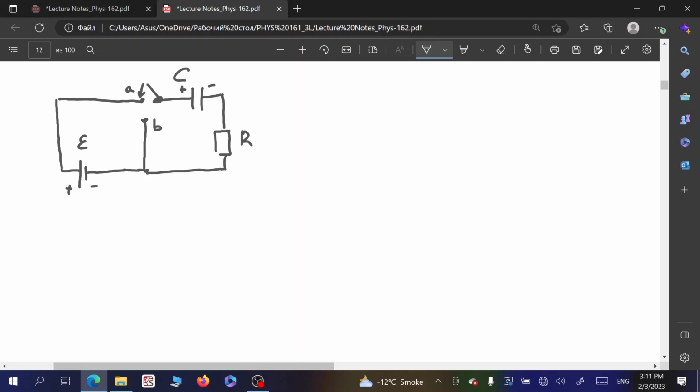The magnitude of the resistance. Now the question is, let's say we have a fixed capacitor with a given potential difference between plates and we change the magnitude of the load resistor. We go from a small load resistor to a large load resistor. Will it change the time it takes for the capacitor to be discharged?